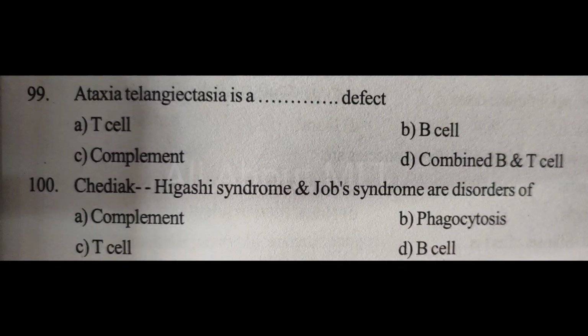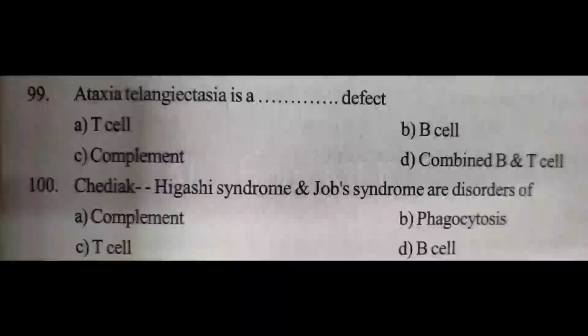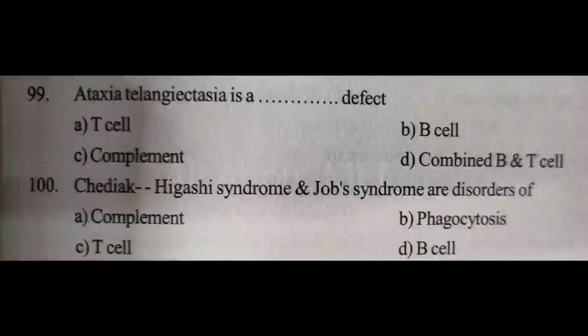Option D, combined B and T cell. Answer is option D, combined B and T cell. Chediak-Higashi syndrome and Job syndrome are disorders of: option A, complement. Option B, phagocytosis. Option C, T cell. Option D, B cell. Answer is option B, phagocytosis.